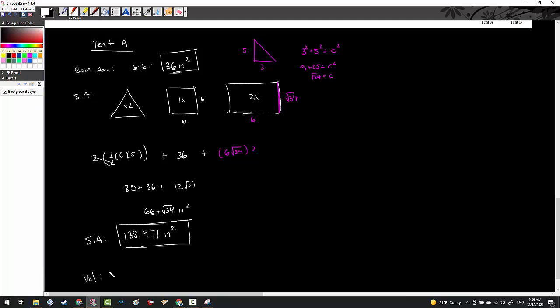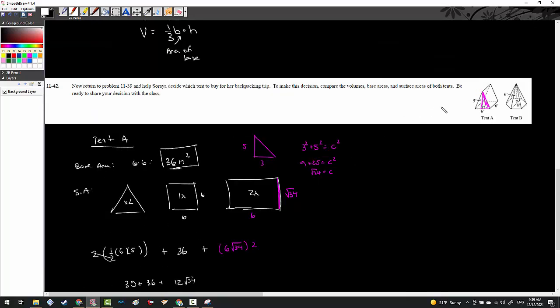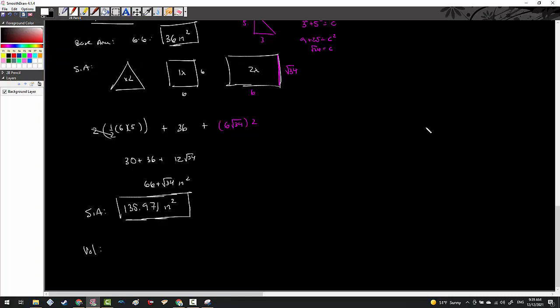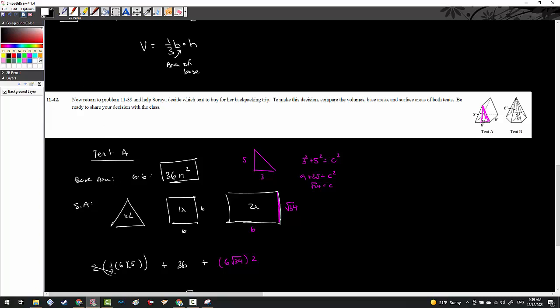To find the volume, I'm actually going to tilt tent A onto one of its faces. From here, I'm going to put the triangle side as the base. That way I know for sure what the height is. Remember, the volume is the area of the base times the height. The height is 6, and the reason is because my height is now going this way.